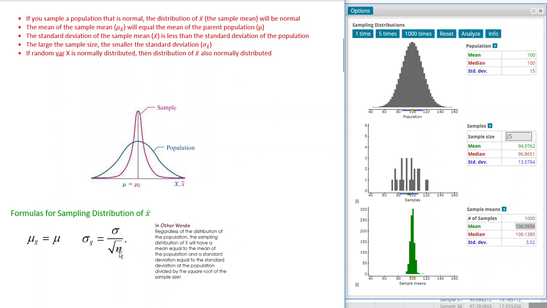So it's the sample size which is driving the overall standard deviation of our sample distributions. So hopefully this is an explanation that helps you understand what we're talking about when we talk about the sampling distribution of x bar, or the sampling distribution of the sample means.